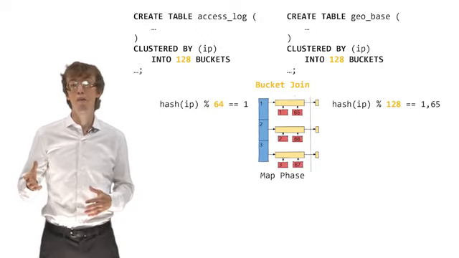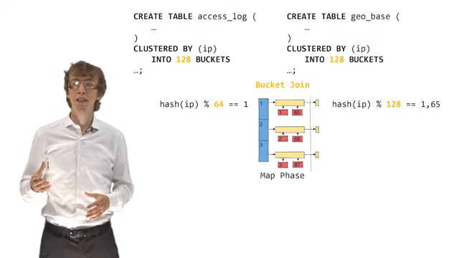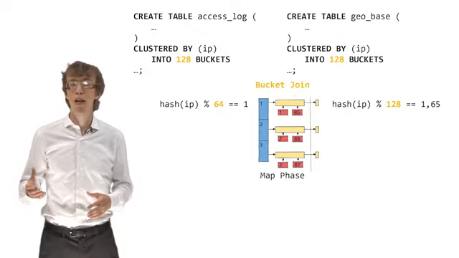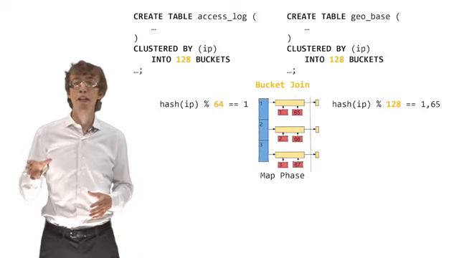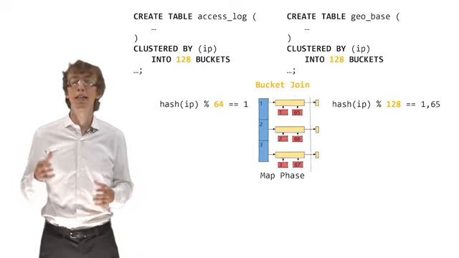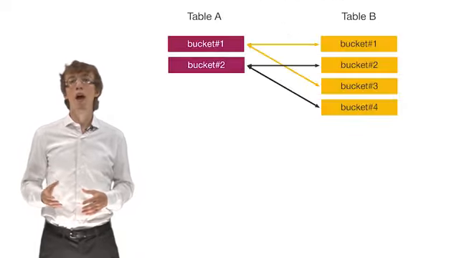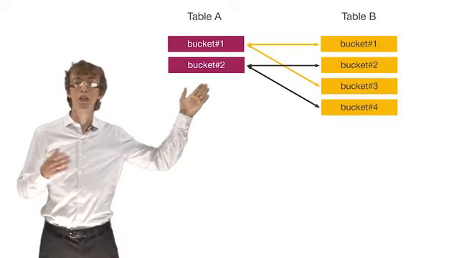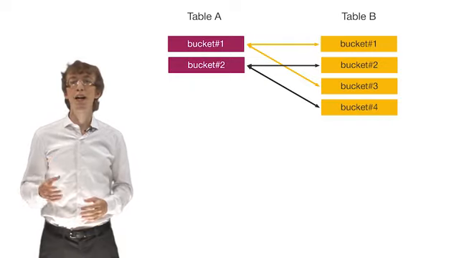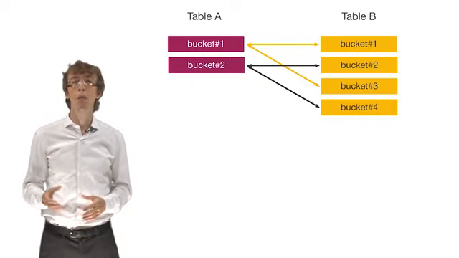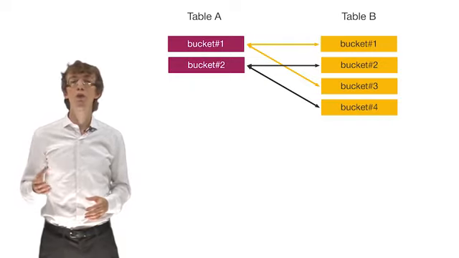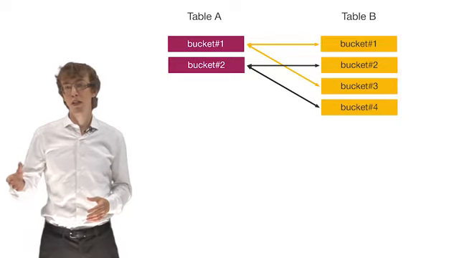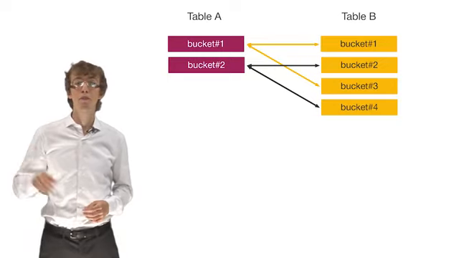If there is a different number of buckets in the tables, then you should remember the following rule of thumb. Data in a bucket is defined by a hash of a column or a set of columns, and then divided by the number of buckets in a table. So, having two buckets in one table and 4 buckets in another one, you can easily find out that the first bucket from table 1 will correspond to buckets 1 and 3 in the second table.